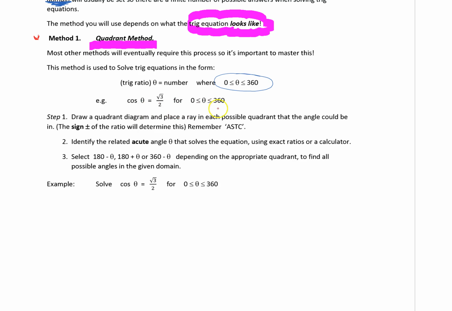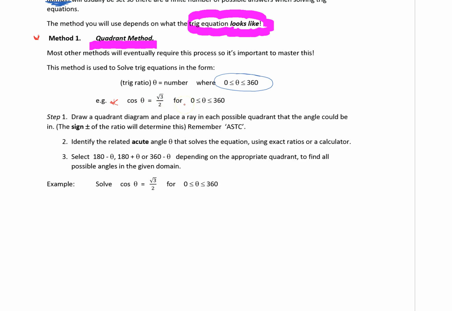And so we're able to restrict the number of answers that we give. Now, remember I said that almost every other method eventually comes back to or progresses through and produces a line that looks like this, that the trig ratio of your unknown is equal to a number.